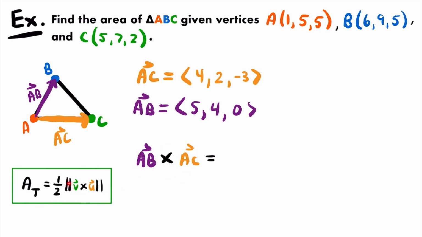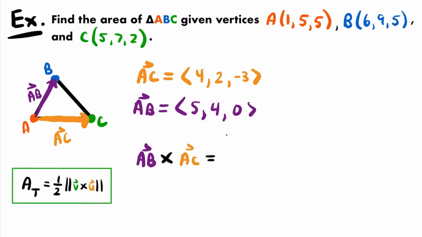When you take the magnitude of that vector, you will get the same result. Typically the order of your cross product does matter, but in these problems where we're calculating area and you're going to be taking the magnitude of that cross product, you don't have to worry so much about which vector comes first. Don't get too worked up over that.